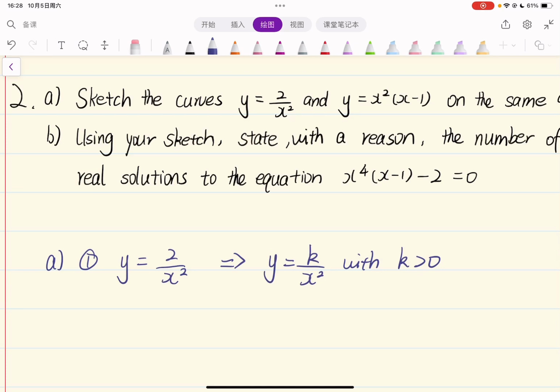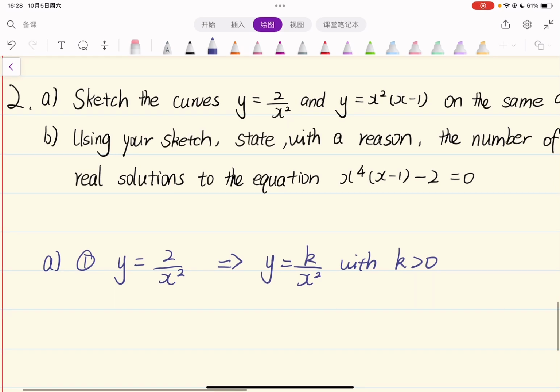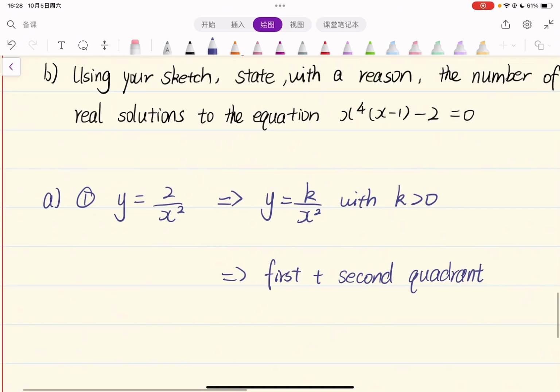We have learned in the reciprocal graphs that this means the curve is in the first and the second quadrant.